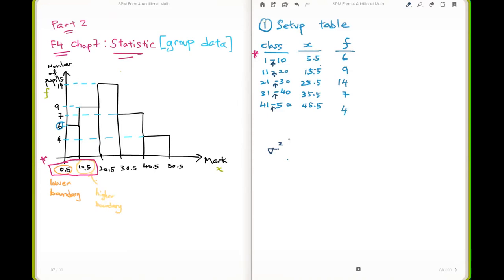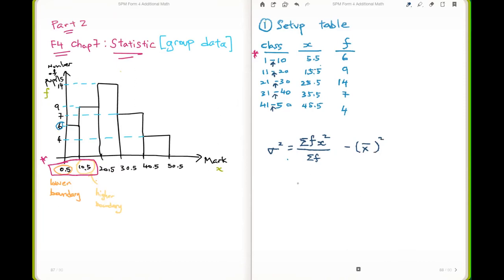The difference would be the f. Standard deviation therefore equals the square root of the sum of fx squared over the summation of f, subtract the mean x squared.